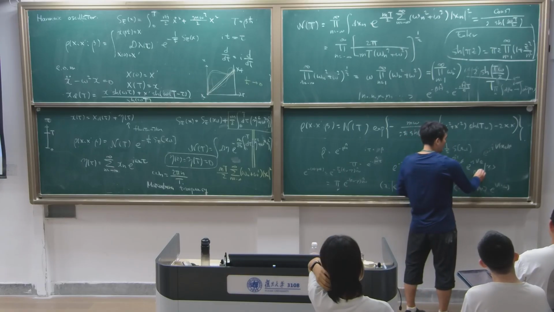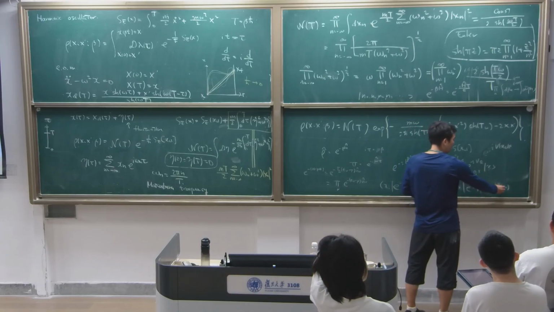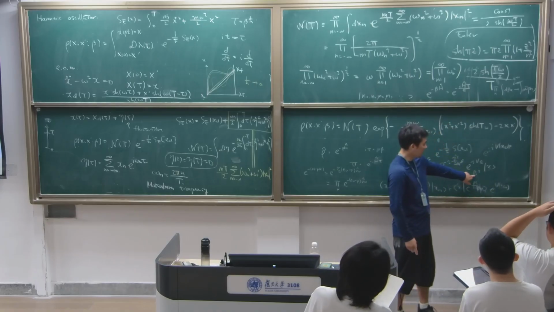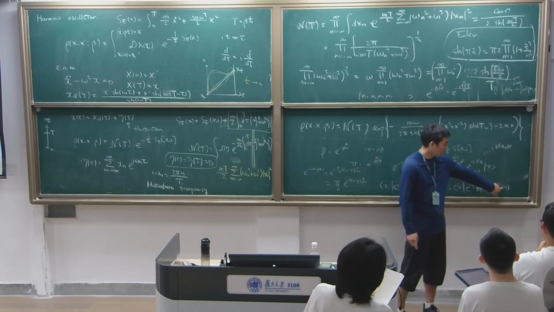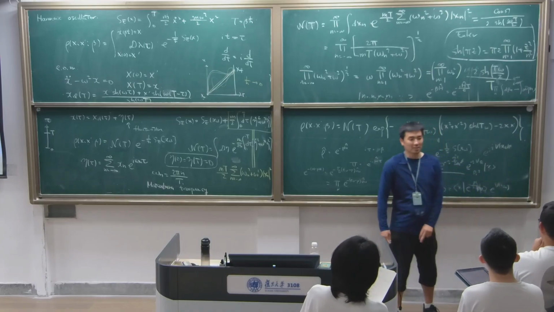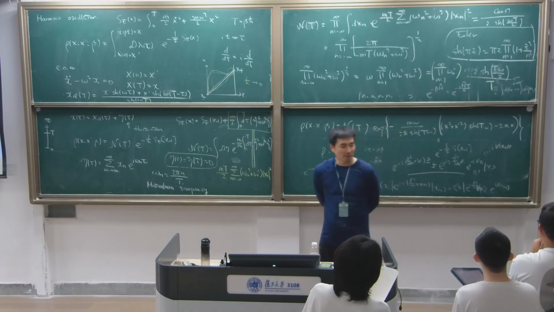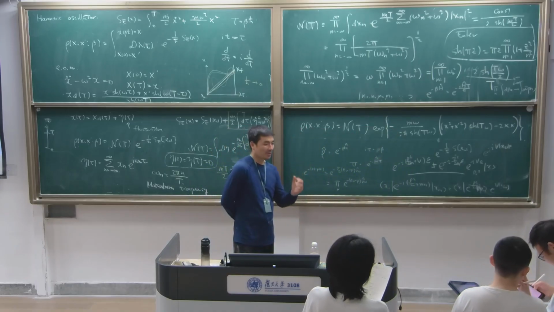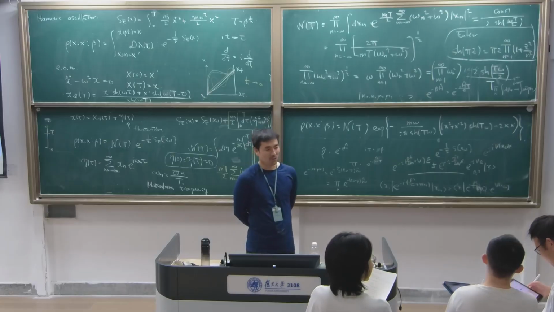Then you have p_i squared and then x_i squared. You don't need to worry about the commutation relation. This is the x_i derivative, right? Here is x_{i-1}. That's one way to avoid the commutation relation.